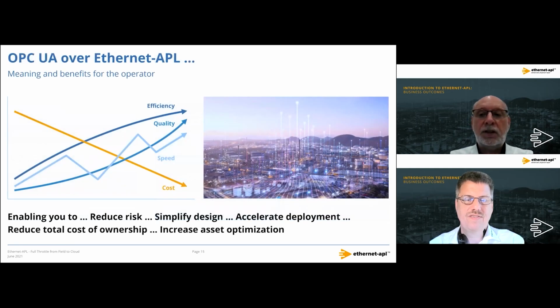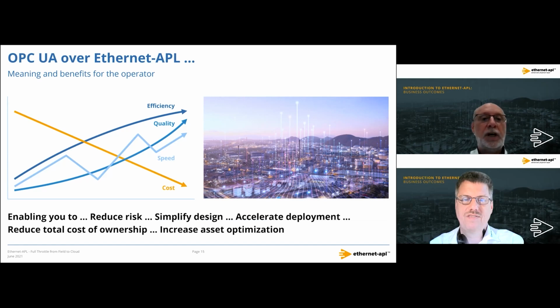The process industry is facing a radical change in terms of digitalization. So more information from the field is required to increase the efficiency of production, but also maintenance processes, together with an increase of quality. On the other hand, it is expected to decrease the total cost of ownership by this digitalization.